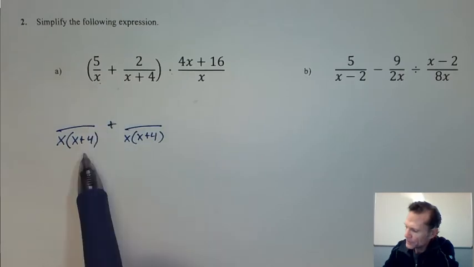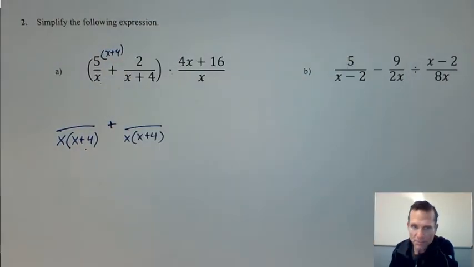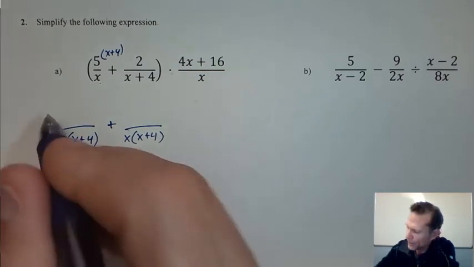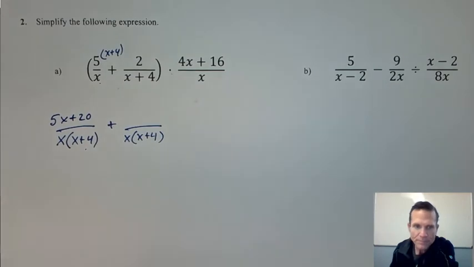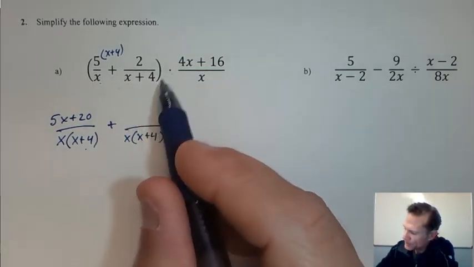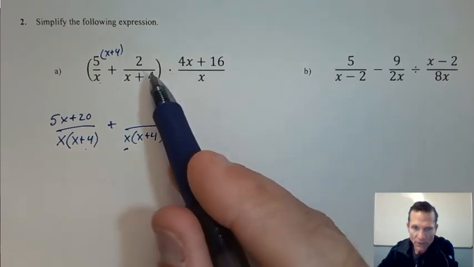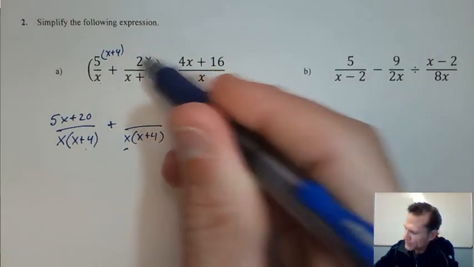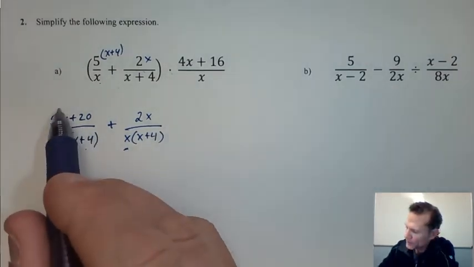Here, my new piece is the x plus 4, so I'm going to write an x plus 4 next to the numerator there and multiply that. I get 5x plus 20. Here, for this fraction, my new piece is the monomial x, so I'll multiply this by x. I get 2x. So now I'm going to work on this parenthesis here.